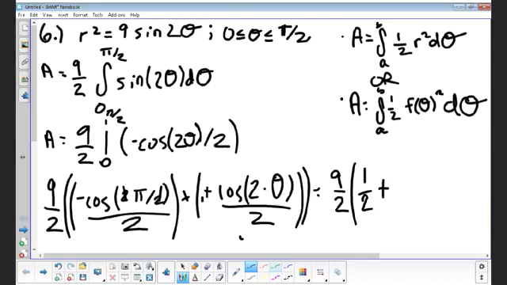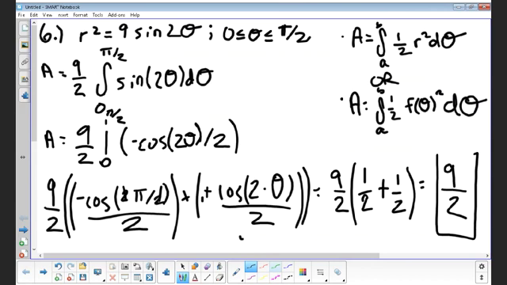So again, we'll have a positive 1/2. So 1/2 plus 1/2, that's just 1. We have 1 times 9/2 equal to 9/2 is the area bounded by this curve on this interval.